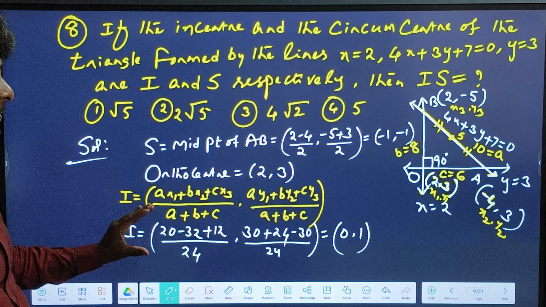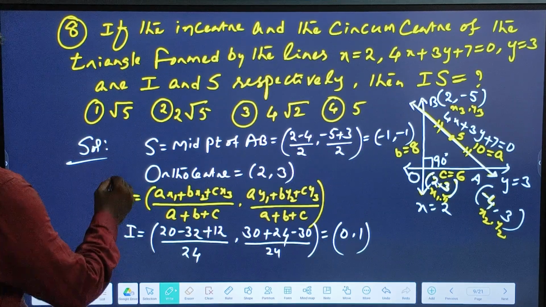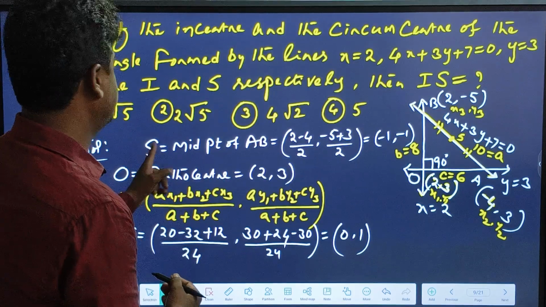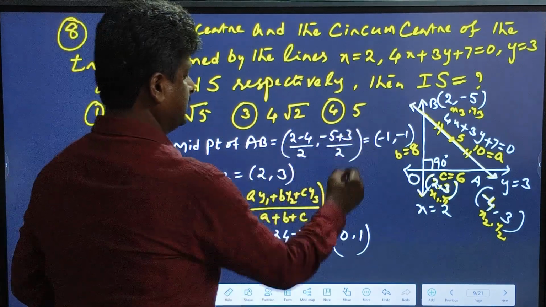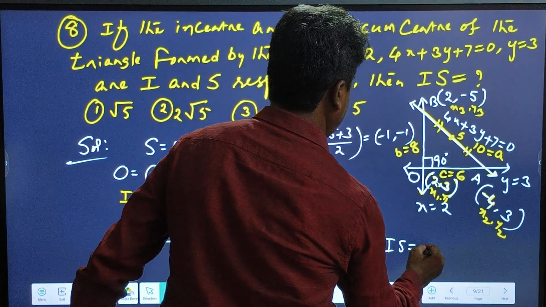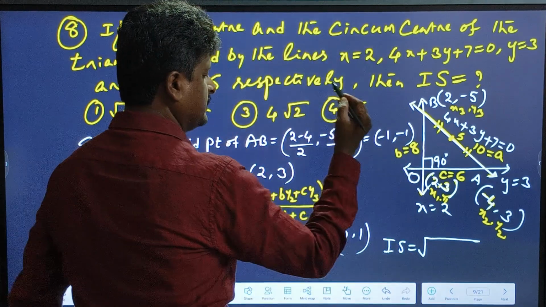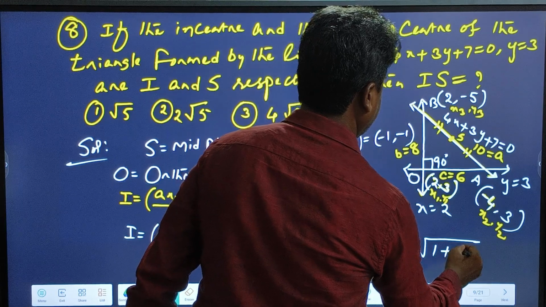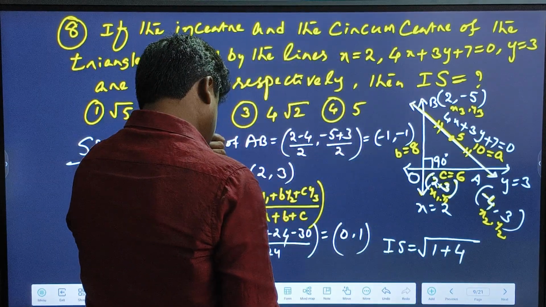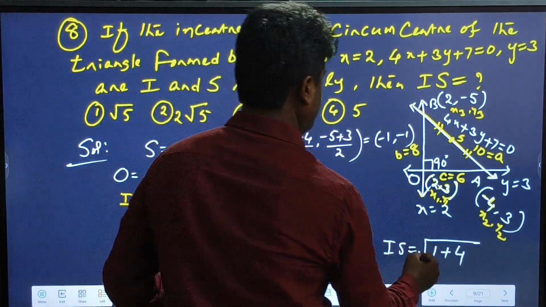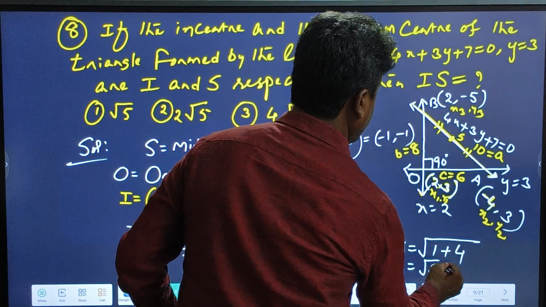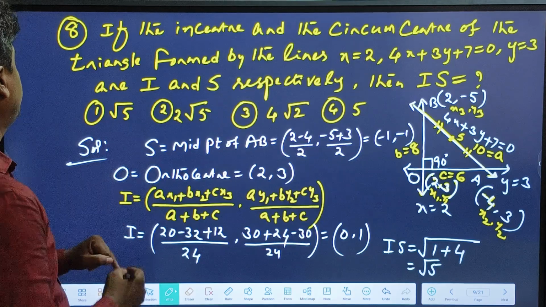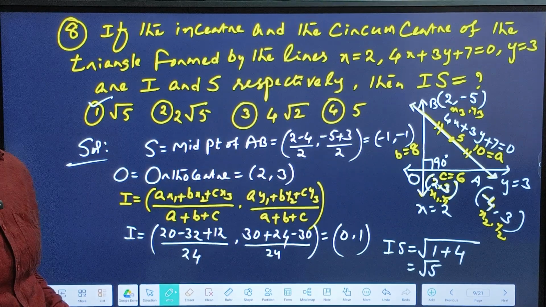Now the distance between the circumcenter and incenter will be under root (-1 - 0) whole square plus (-1 - 1) whole square. 2 square is 4, so it equals root 5. Root 5 is the right answer. So root 5 can be seen in option 1.